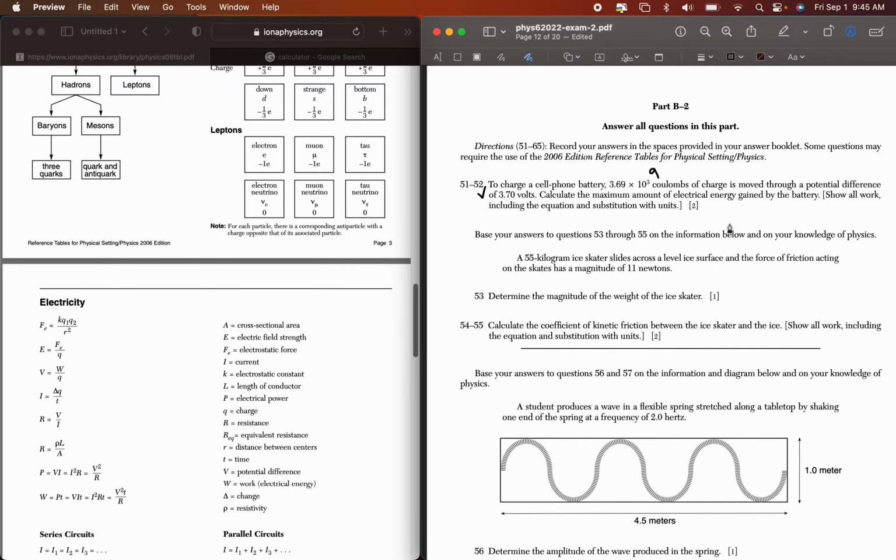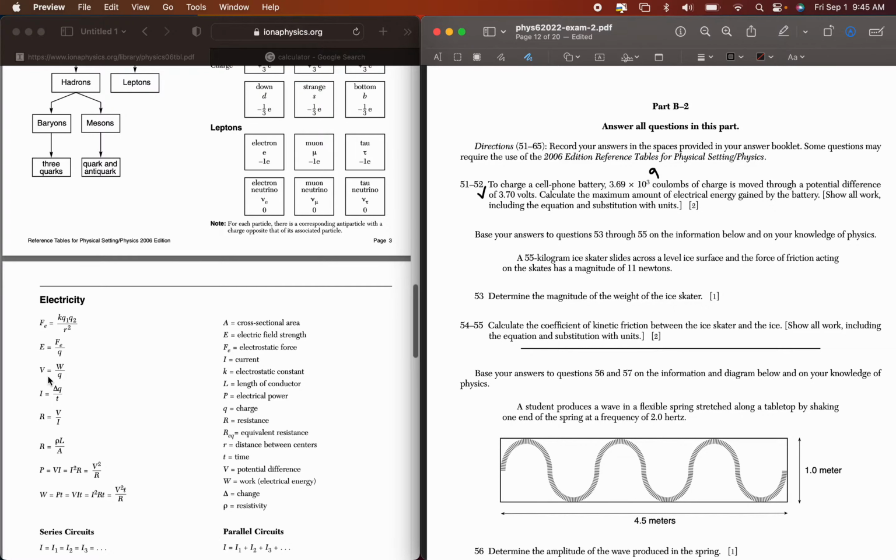So what we can do, voltage equals work divided by charge. Multiply both sides by charge, get work equals voltage times the charge. So to find the work, we have to multiply the voltage by the charge, which is equal to 3.7 volts.